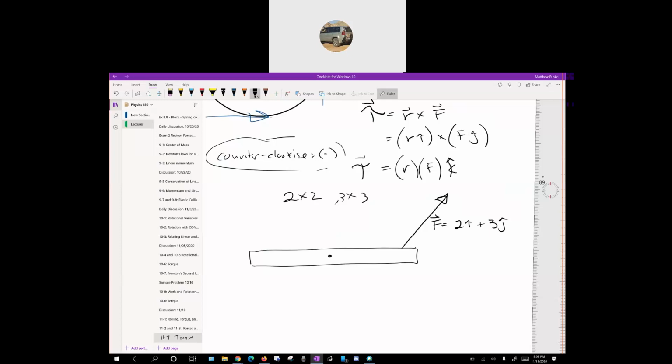And that's a vector. Well, if that is applied through the center, all that's going to do is cause it to translate. But if it's applied at some position, at some distance from our center of mass, we'd have to take the cross product. So that just goes a little bit deeper into torque. And if needed, you can always go to the cross product definition.